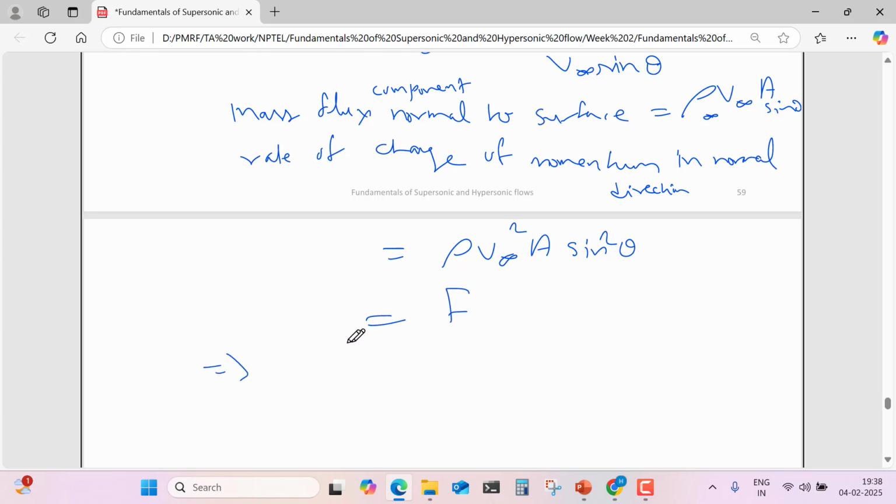So what will be the pressure? F by A equal to rho V infinity square sin square theta.